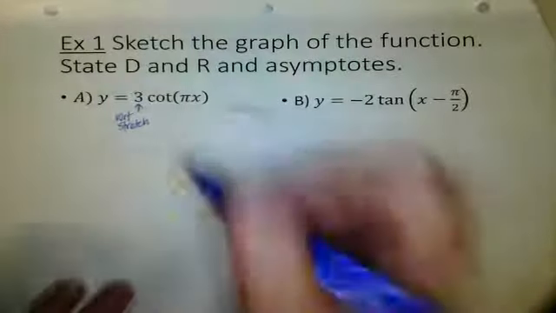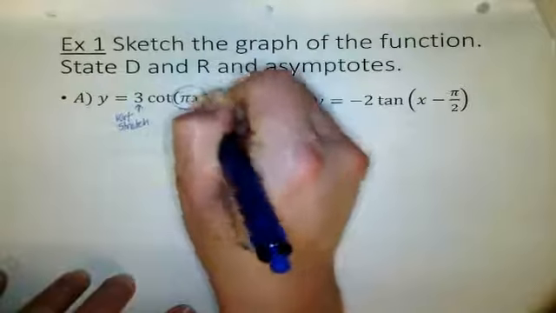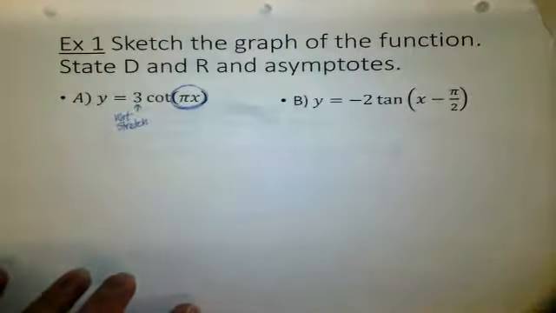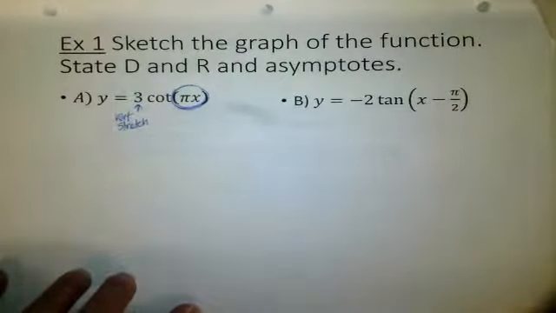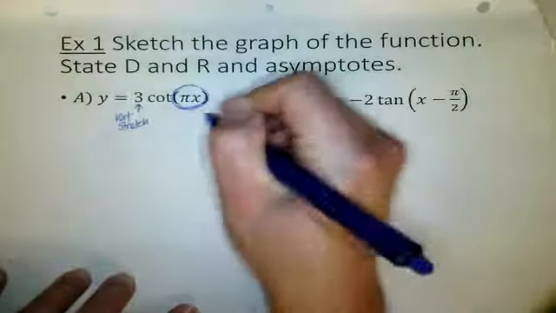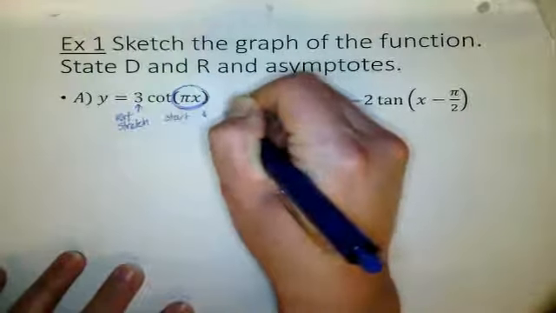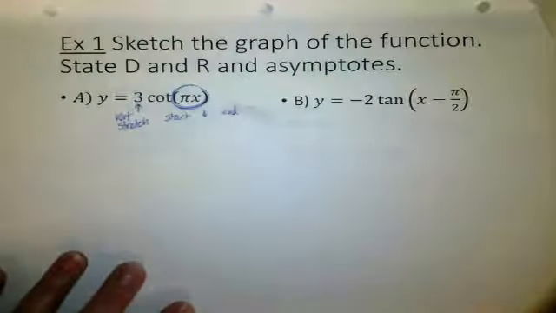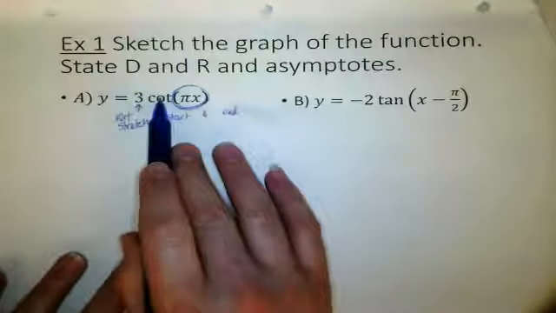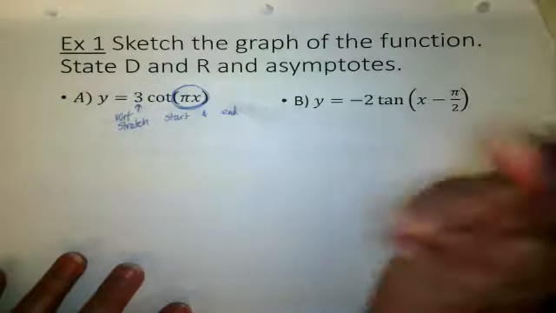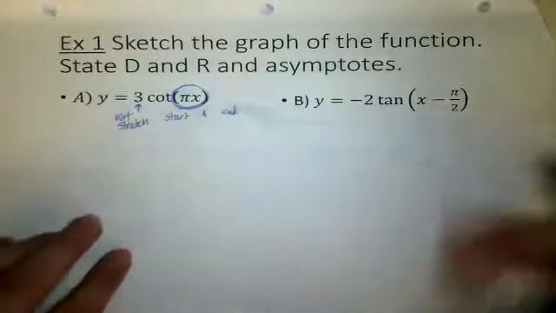And you can see we've got some changes with x. And so those changes with x are going to change where our asymptotes are. And to find those, the starting and ending asymptotes, we're going to go back to our original cotangent function. Where are the asymptotes for the cotangent function? 0 and pi.